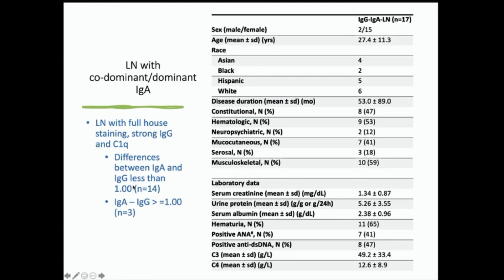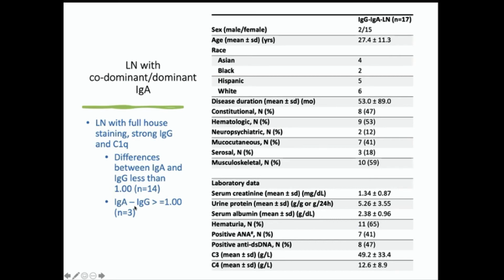However, it has some features where I wanted to select the cases with the difference between IgA and IgG being less than 1 grade. For example, if the IgG is 3+, the IgA can be the same 3+, or 2 to 3+. The difference is less than 1 grade.